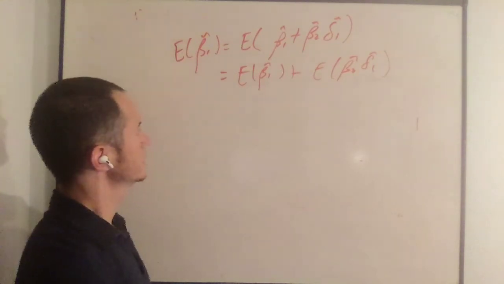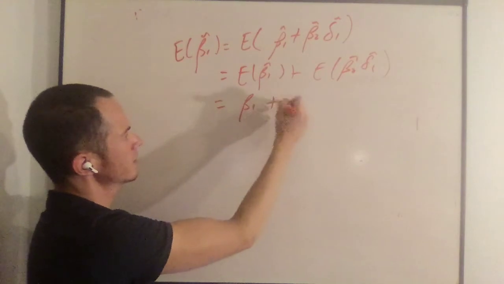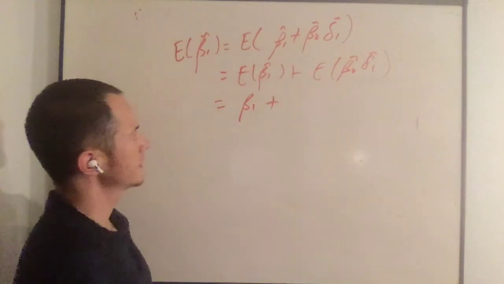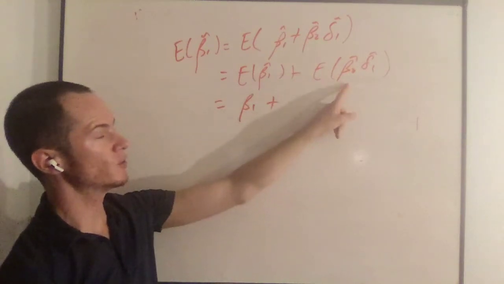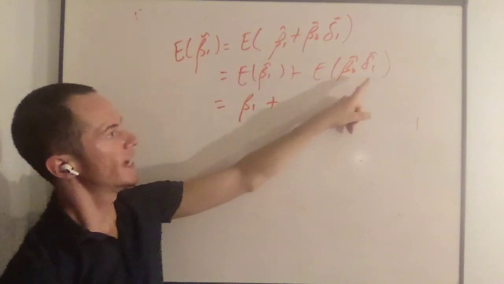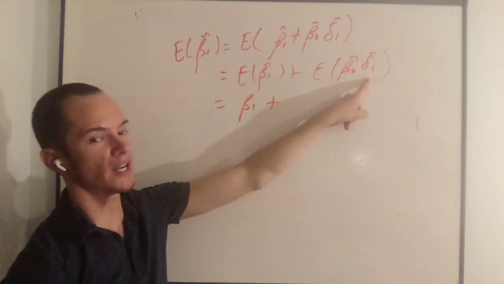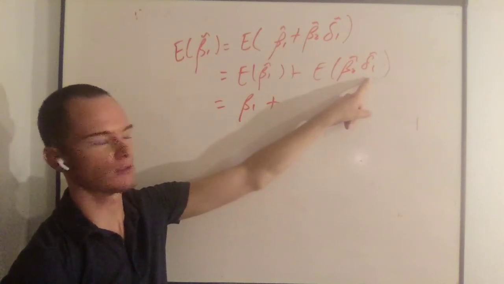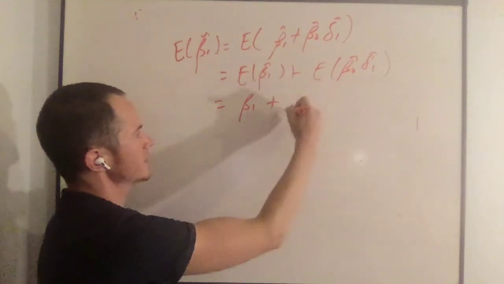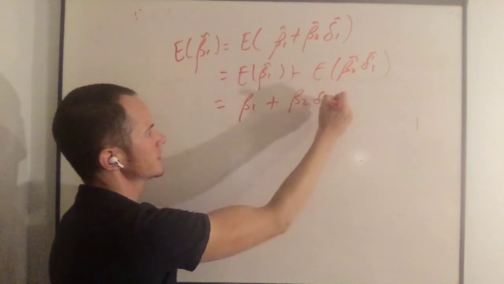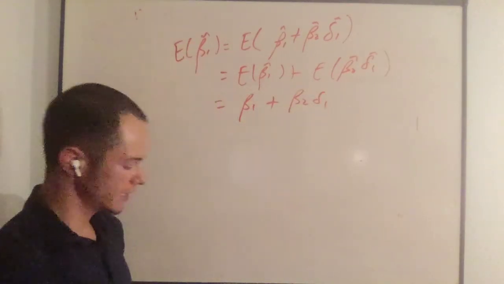And observe that this is equal to beta 1 plus beta 2 times delta 1, because the expected value of beta 1 hat is beta 1, the expected value of beta 2 hat is beta 2, and delta 1 is just a function of the x's, which are non-random. We're treating these things as fixed in repeated samples, so this thing can come out of the expected value. So this is the expected value of beta 1 tilde.